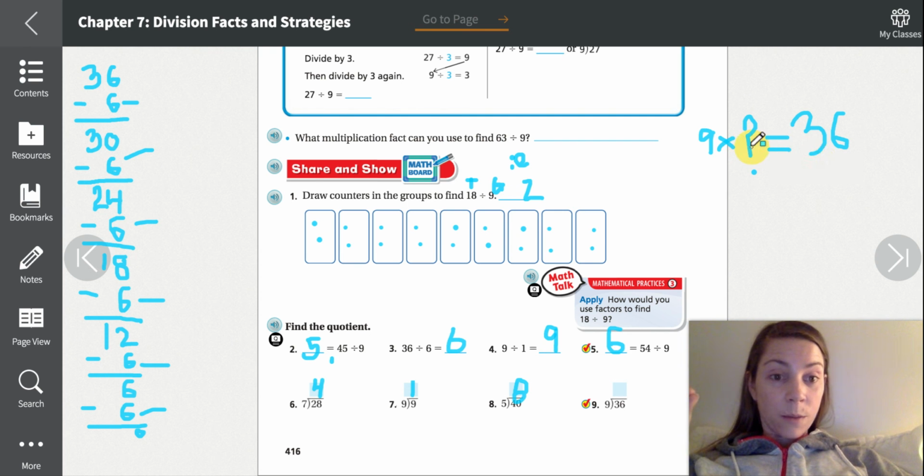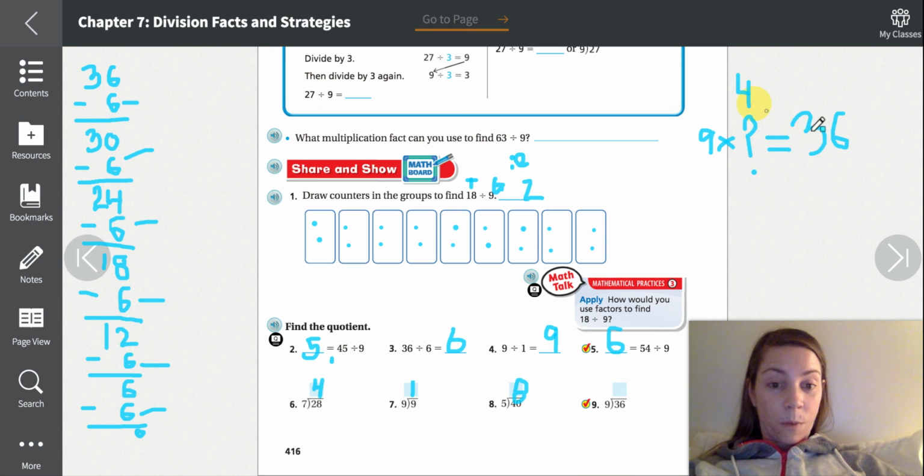So what number do you have to subtract 1, and it gives you 3? 4. 4 minus 1 gives you 3. So 9 times 4 must be 36. So 36 divided by 9 is 4. Okay, good job on that.